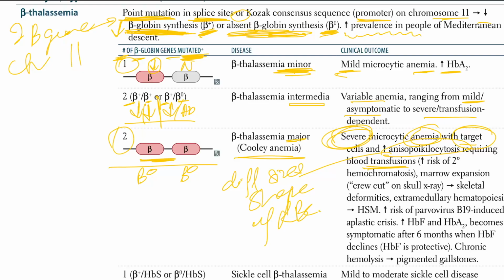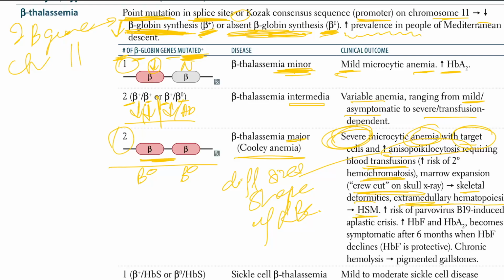Now this requires blood transfusions, with an increased risk of secondary hemochromatosis because of the transfusions. Marrow expansion will give you a crew cut appearance on skull X-ray, which leads to skeletal deformities, and extramedullary hematopoiesis, which leads to hepatosplenomegaly.